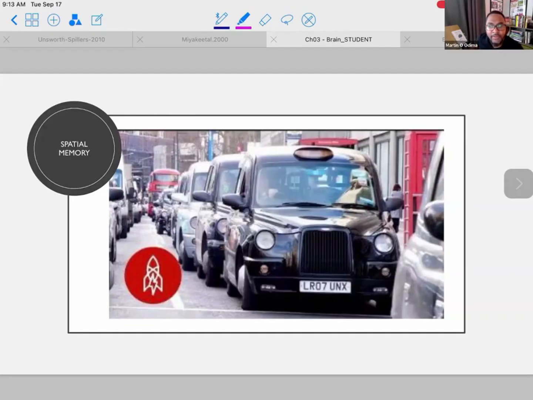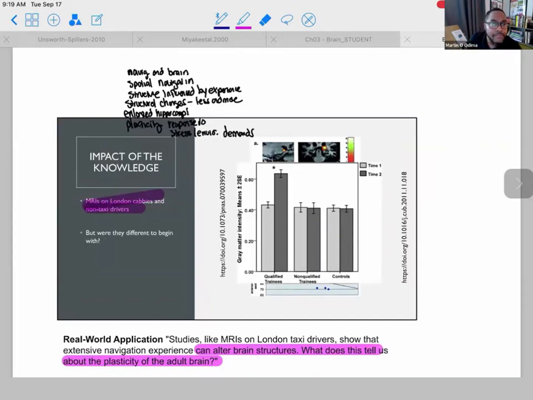Definitely an interesting phenomenon. You'll notice there's a slide that compares the gray matter between qualified trainees who are taxi drivers and non-qualified trainees. And just some other details to know that you will notice in the video. With this study, they found a connection between spatial navigation in the brain and experience.